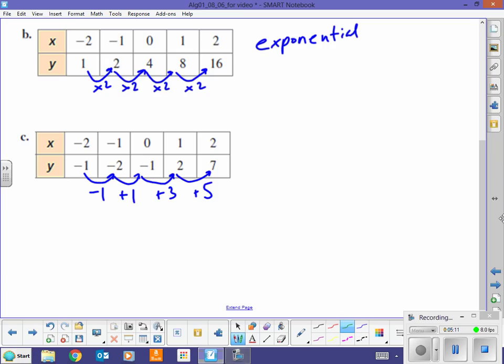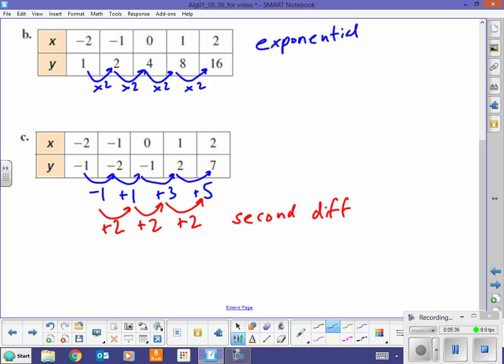Now, here's what we mean by second differences. From negative 1 to positive 1, this is a plus 2. From positive 1 to positive 3, it's a plus 2. And from positive 3 to positive 5, it's a plus 2. This is our second difference.